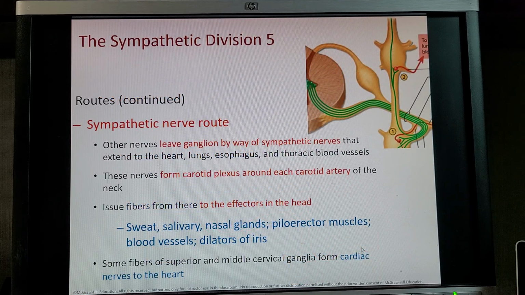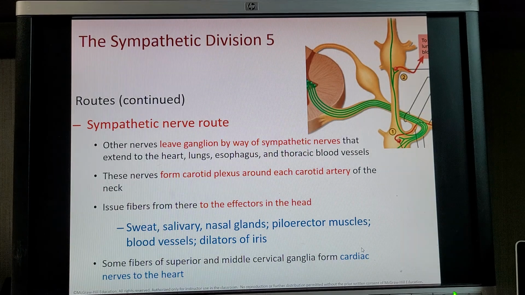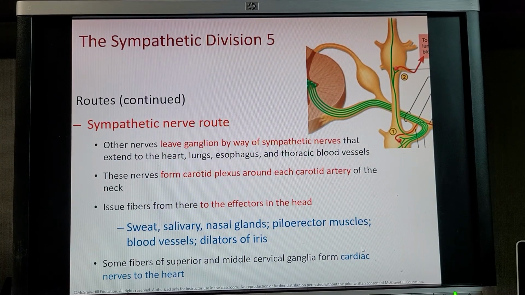The sympathetic nerve root is where your neuron uses the chain that connects our different ganglia, using a sympathetic nerve, that's what these are called, to synapse, get to a different ganglion, synapse, and then you can pass it on.